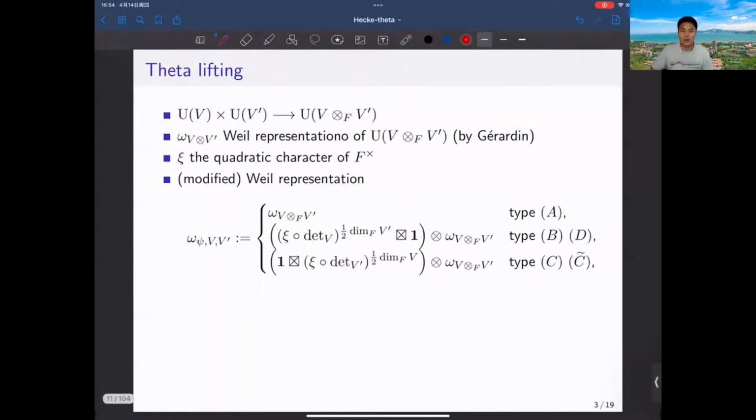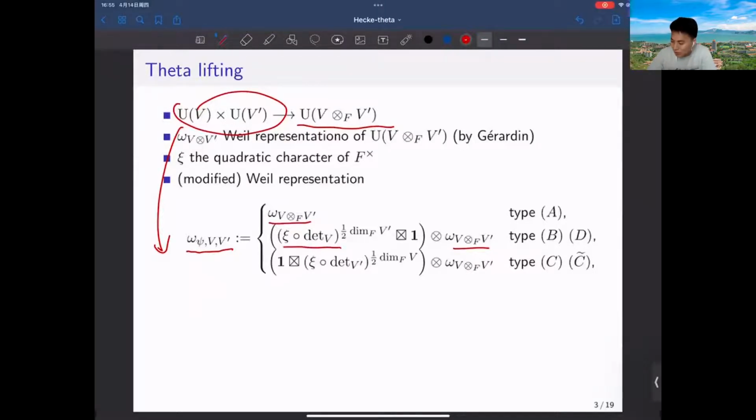And then for each pair of epsilon Hermitian and epsilon prime Hermitian space, we will define the Weil representation of the product group to be either the restriction of the Weil representation of this group, or a twist of the restriction by the quadratic character, where you will have the factor which is dimension or half dimension of V prime.